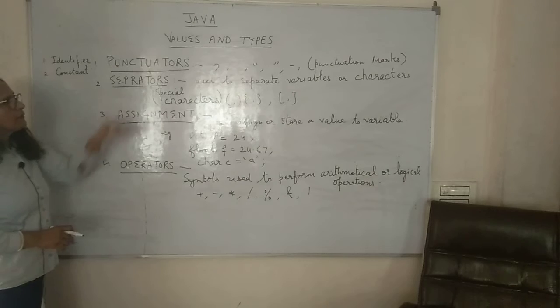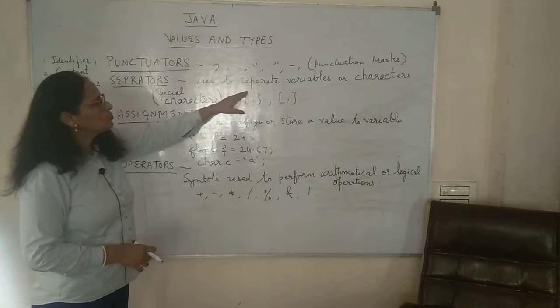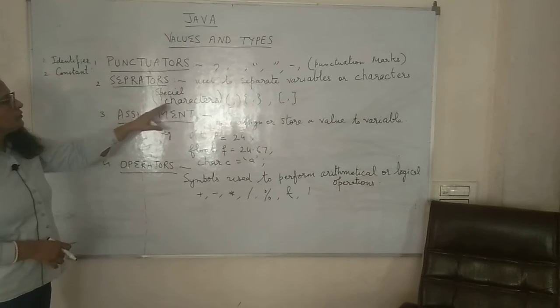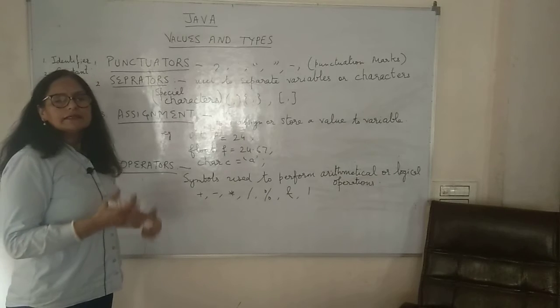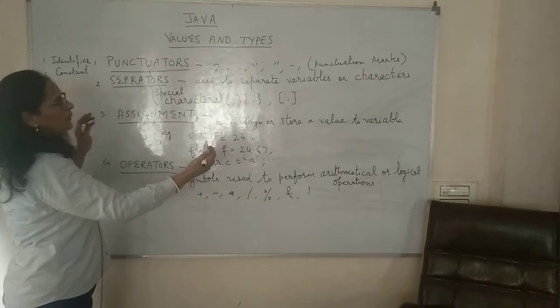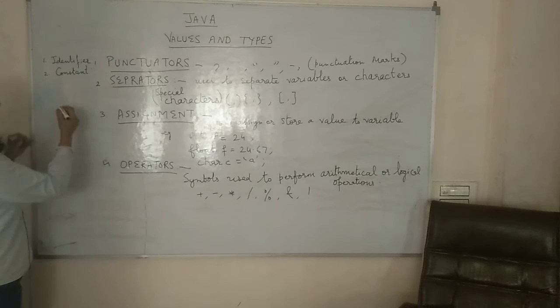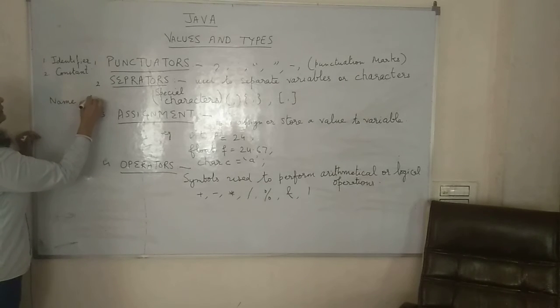Next comes separators. Separators, as the name suggests, are used to separate variables or characters. So we use the comma, and comma can be used to separate two variables or characters. For example, we are giving the name, this we are using as a variable, then second we are using as a class.